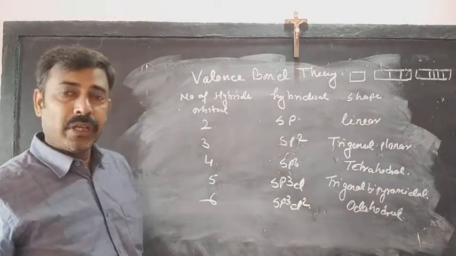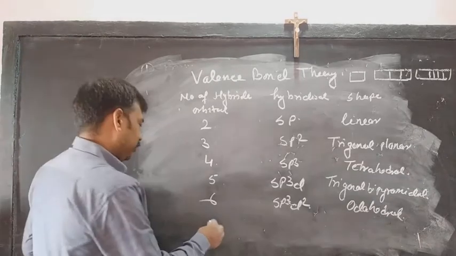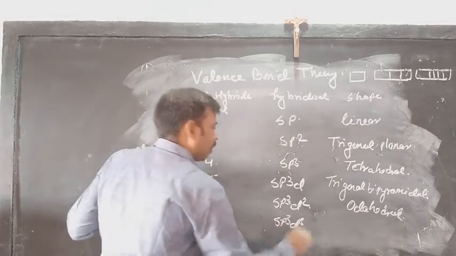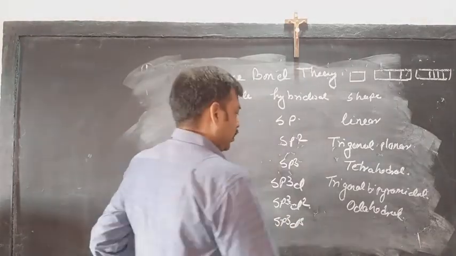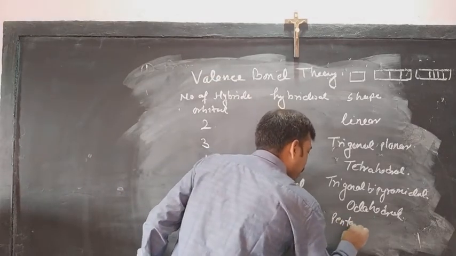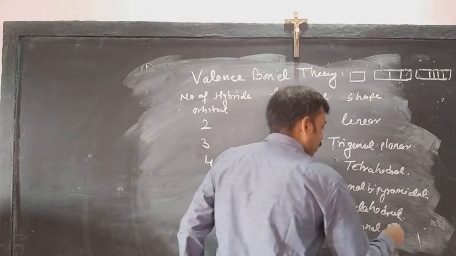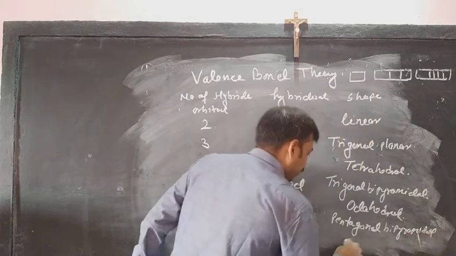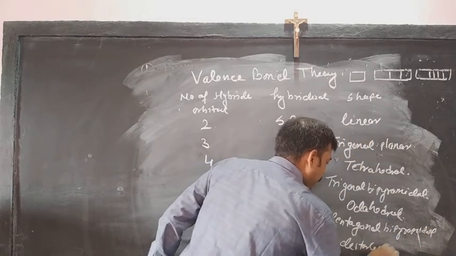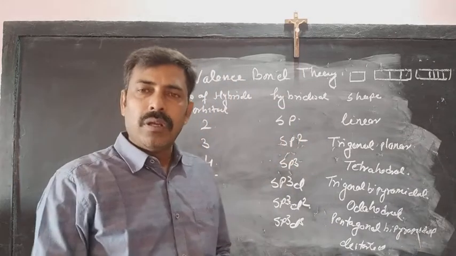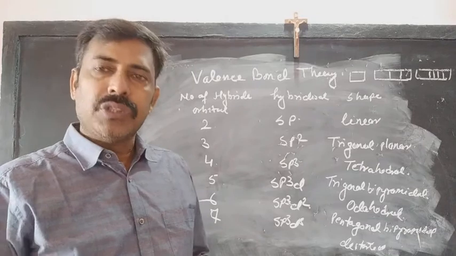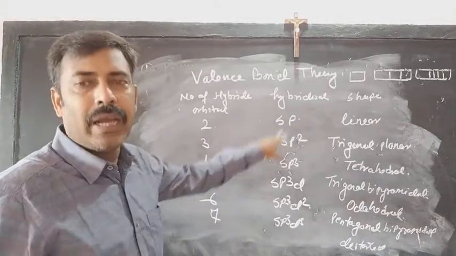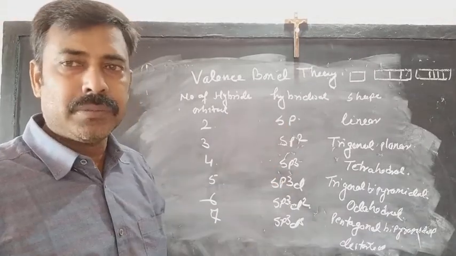And the last one, when the number of hybrid orbitals is 7, it will be sp3d3, and the shape will be pentagonal bipyramidal distorted. So these are the different numbers of hybrid orbitals, hybridization, and the shape related with that hybridization.